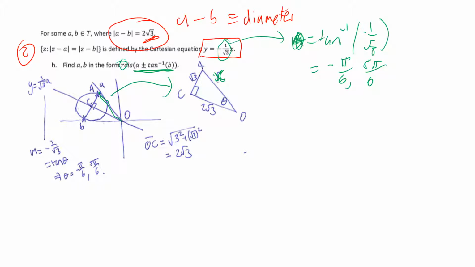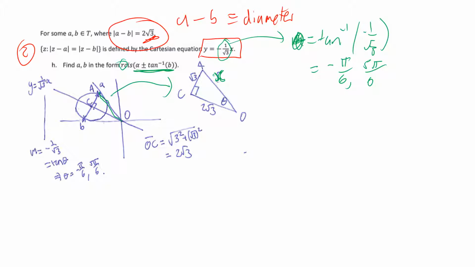So AC, according to that diagram, will be equal to the radius of the circle, which is √3. The distance from O to C, the center of the circle, as we've already established, is equal to 2√3. Yes, that's right, that's what we established from a previous part.